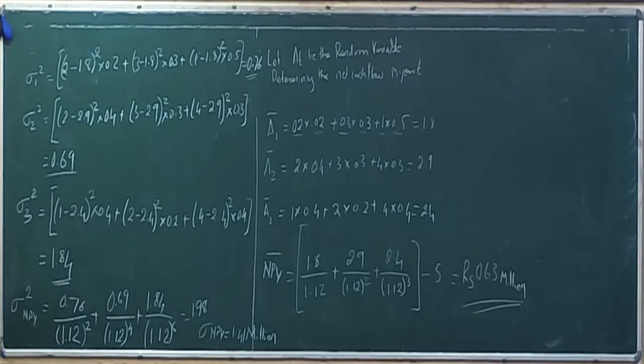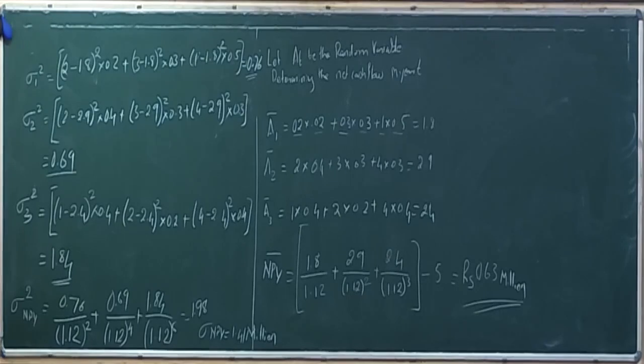A1 bar is equal to 2 is the cash flow into probability 0.2 for the first year, plus 3 is the cash flow multiplied with 0.3, plus 1 is the cash flow into 0.5, that is the probability.